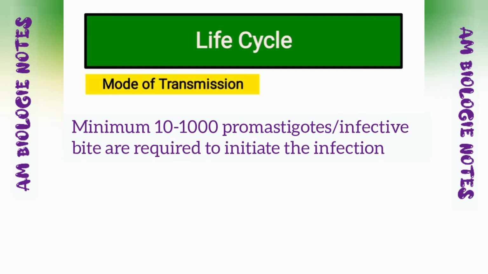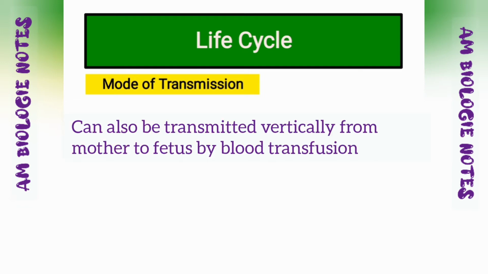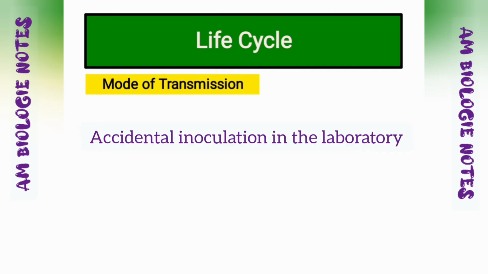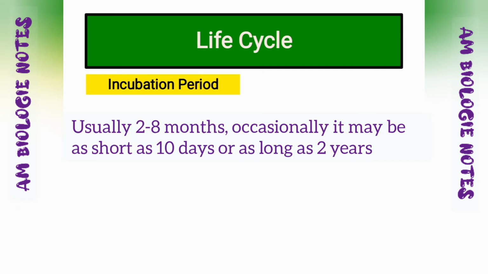A minimum of 10 to 1000 promastigotes per infective bite are required to initiate the infection. It can also be transmitted vertically from mother to fetus, by blood transfusion, and by accidental inoculation in the laboratory. Incubation period is usually 2 to 8 months. Occasionally, it may be as short as 10 days or as long as 2 years.